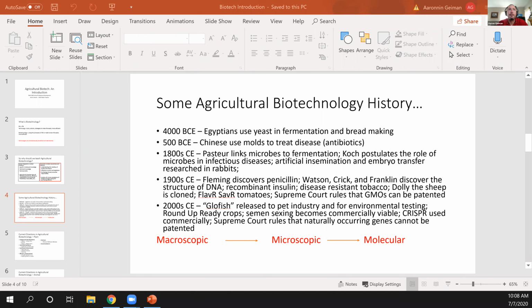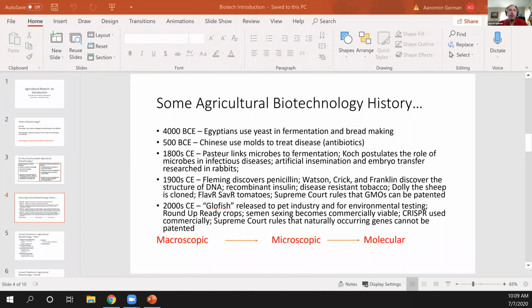Watson, Crick, and Franklin discovered the DNA molecule. We start to see recombinant insulin come out. Disease-resistant tobacco is one of the first agricultural crops to actually incorporate genetic engineering as we think of it today. Of course, actually just the other day was the anniversary of Dolly the sheep.